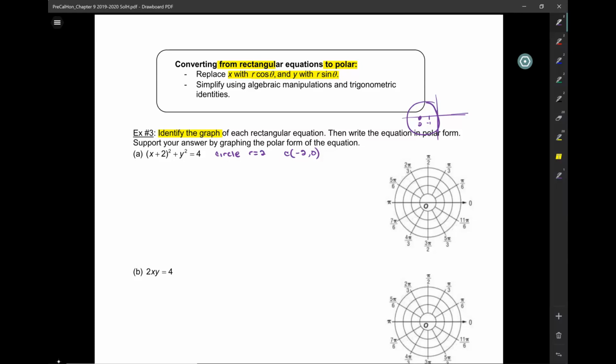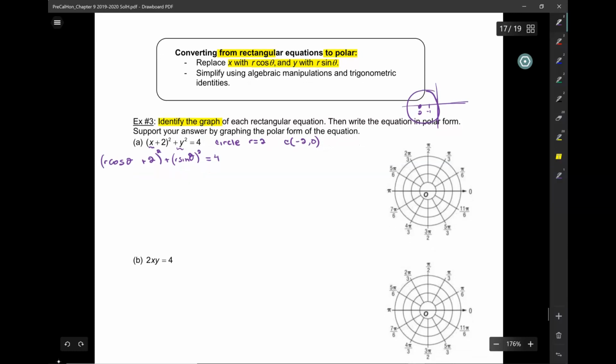What we're going to do is replace all the x's with r cosine theta, all the y's with r sine theta. So here, x is going to be r cosine theta plus 2 squared plus y is r sine theta squared is equal to 4.